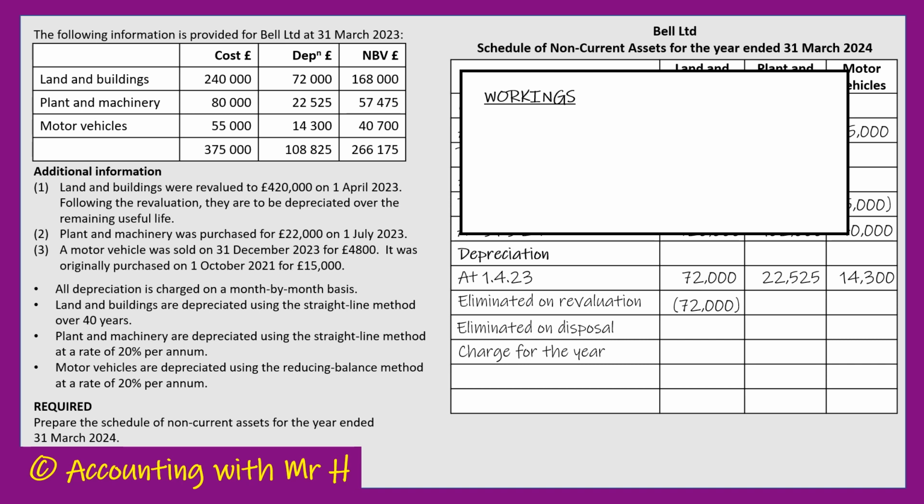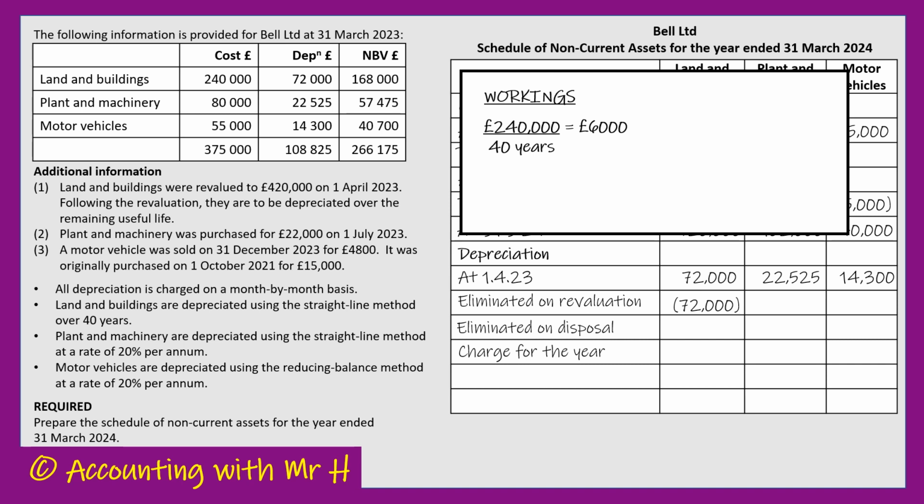We know in the first place they cost £240,000, and they were going to depreciate them over 40 years. So if I do £240,000, the original cost, divided by 40 years, that means they've been depreciating them at a rate of £6,000 per year. We know that they had depreciated them up until this point by £72,000.